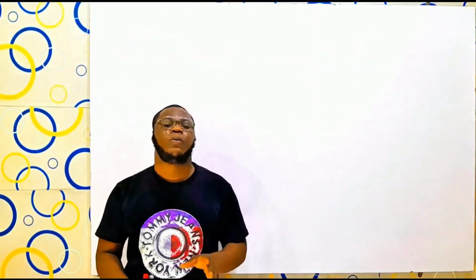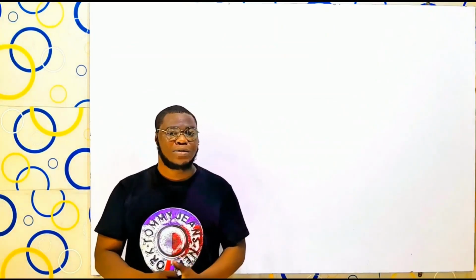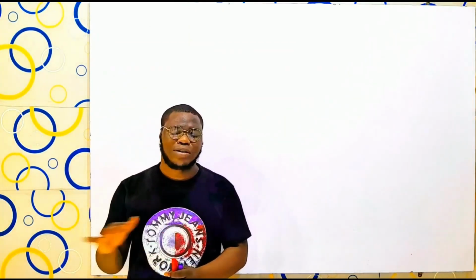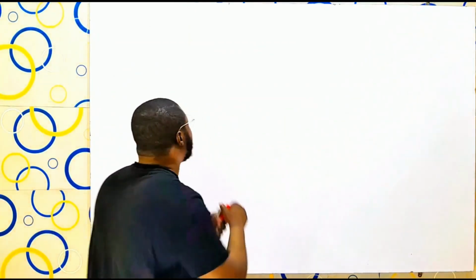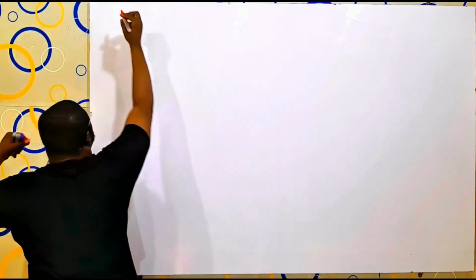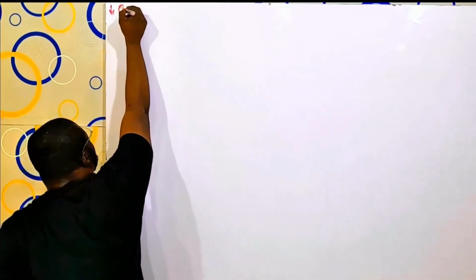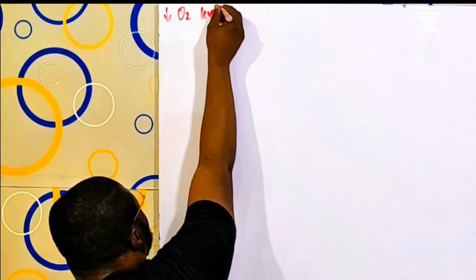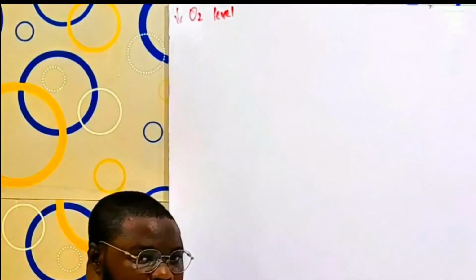Yeah, welcome back. Now, just for a quick recap, we said erythropoiesis is the production of red blood cells, and it is a kind of mechanism. And for every mechanism, there must be a stimulus or stimuli. Now, we said reduction in oxygen level can actually trigger erythropoiesis.